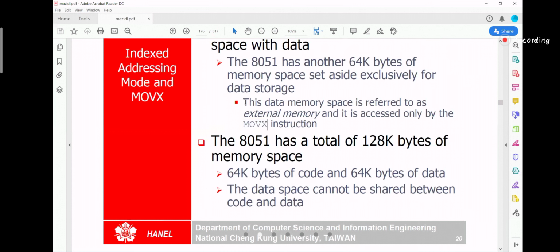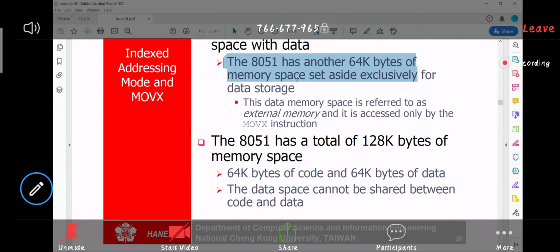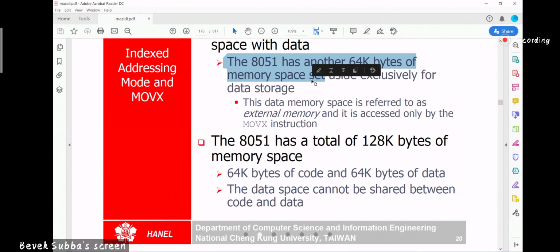I have written here: what is the external memory of 8051? 64K, right? 64 KB. The 8051 has another 64K of memory space, which is external memory.